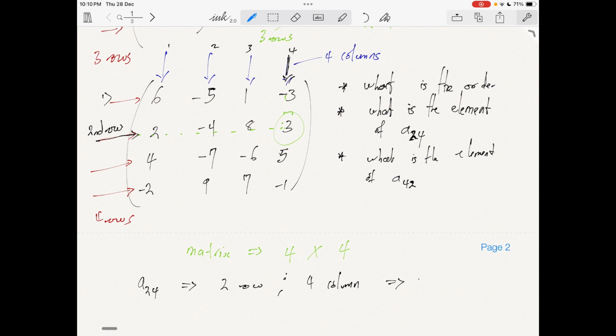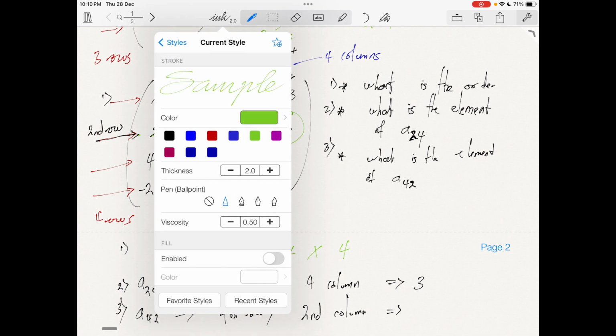And if we talk about the third question, let's call this one another property, and we're talking about A42. That means A42 means the fourth row and the second column. Now with that done, we look at the fourth row.